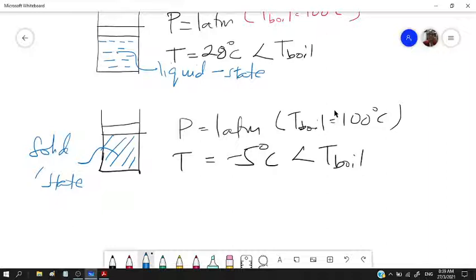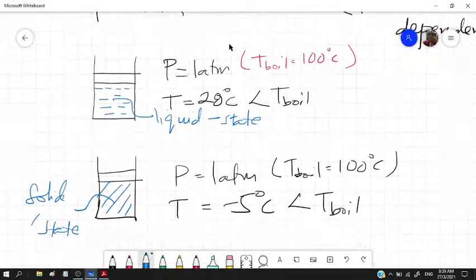So in these two examples, first one, second one, this is what we call a clearly stated state, which is liquid for this case, and solid in this condition.